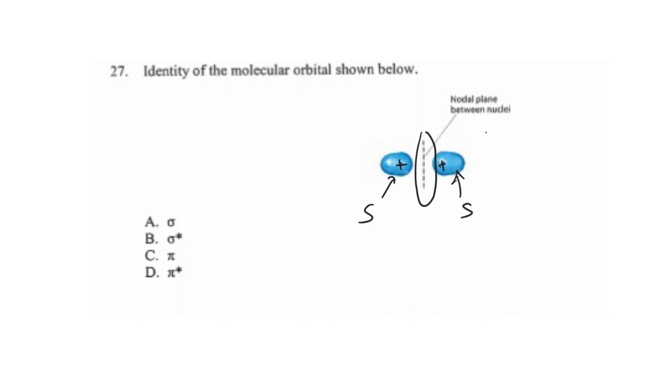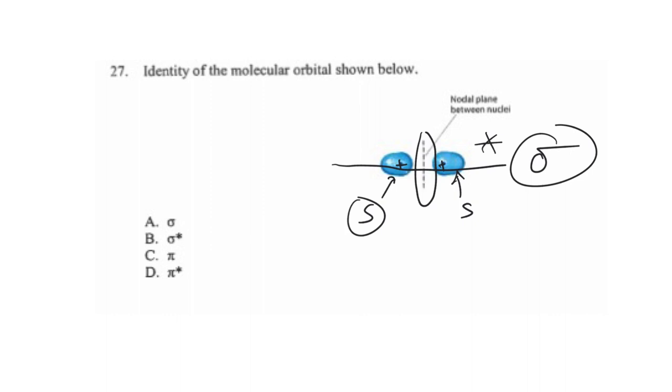So this is an antibonding orbital involving s orbitals, and it's also symmetrical about the bond axis. So the orbital isn't like a planar bond, but it's a bond-symmetric bond, and so this is a sigma type bond, not a pi type bond. And so this would be a sigma star. And so this to me looks like it's probably the antibonding orbital for hydrogen.